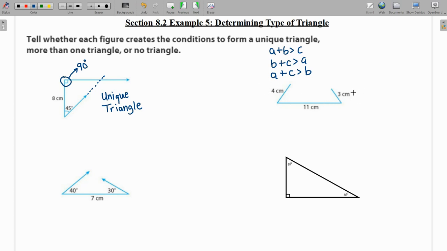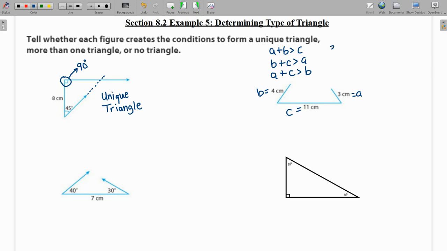So I'm going to label 3 as A, 4 as B, and 11 as C. It's always a good idea to label your C value as your largest side. The other two really don't matter so much. Now I'm going to check that first criteria.